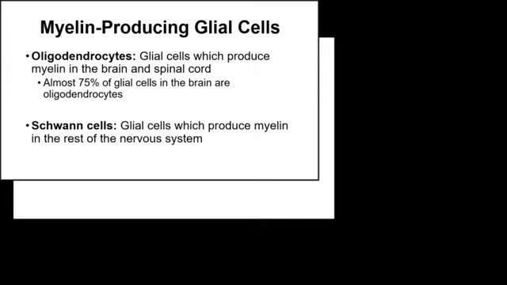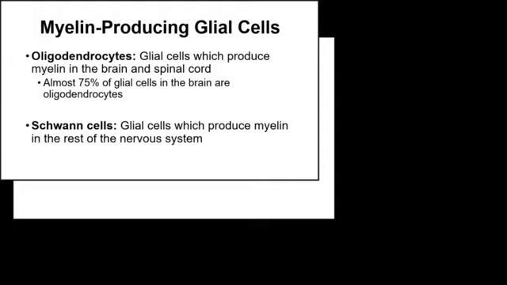So we have oligodendrocytes, which are glial cells that produce myelin, and they're in the brain and spinal cord. So that's our central nervous system, which we'll get into the breakdown of the nervous system in a later chapter. So about 70% of the glial cells that are in our brain are these oligodendrocytes. So having a lot of myelin in our brain seems to be very, very important.